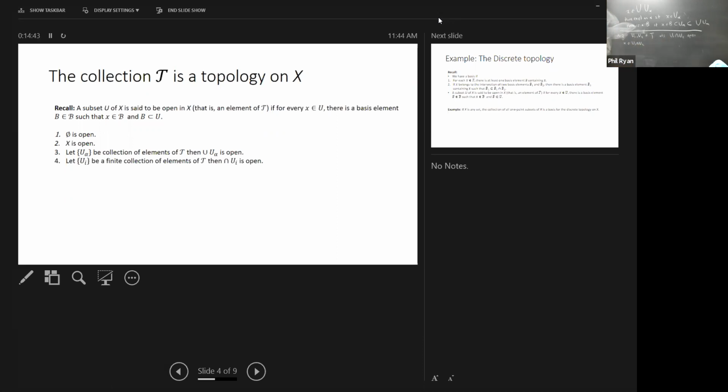That means X is in U1 and X is in U2. So that means that X is in some B1 and X is in some B2, where they're basis elements.